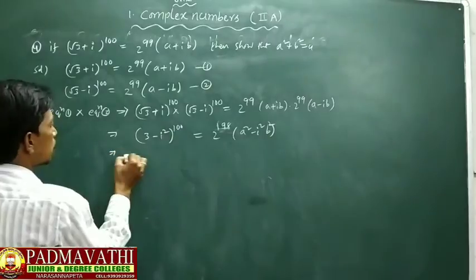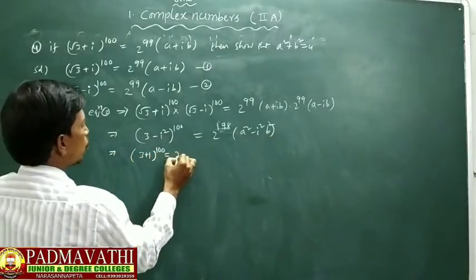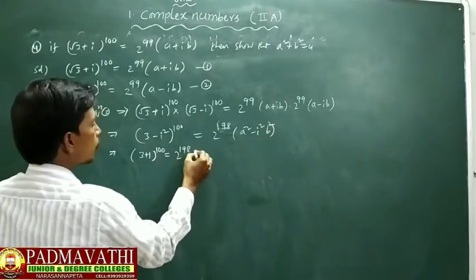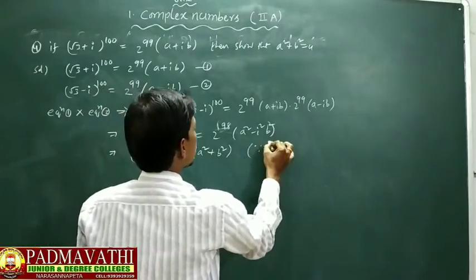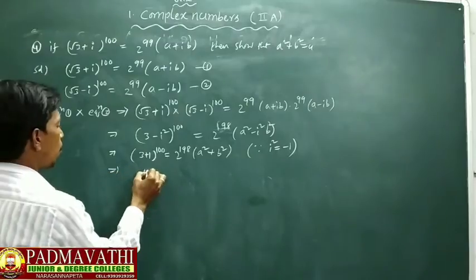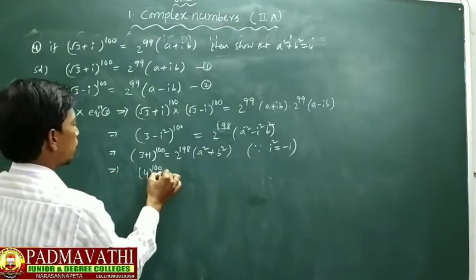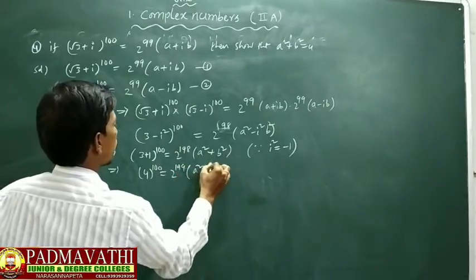That implies (3 plus 1) whole power 100 equals 2 power 198 into (a square plus b square), since i square equals minus 1. That implies 4 power 100 equals 2 power 198 (a square plus b square).